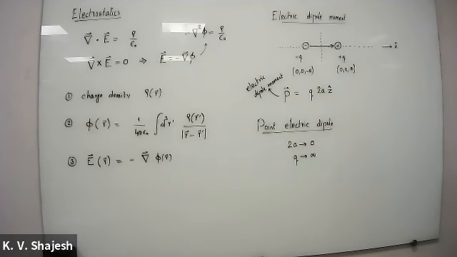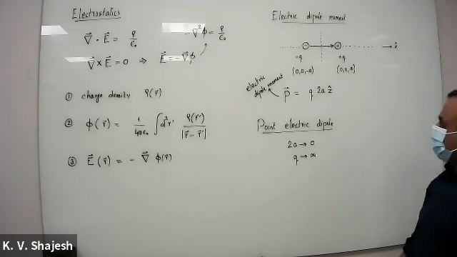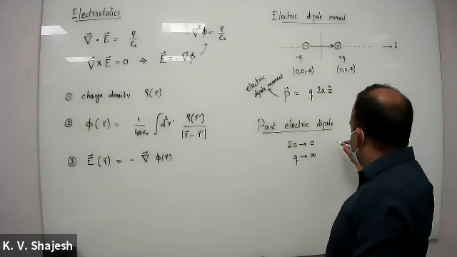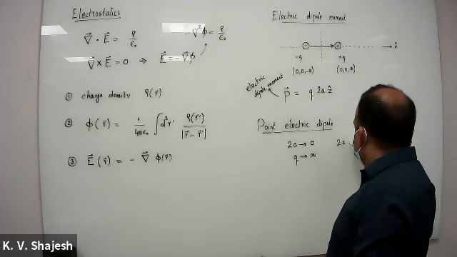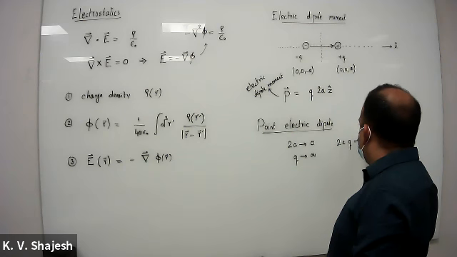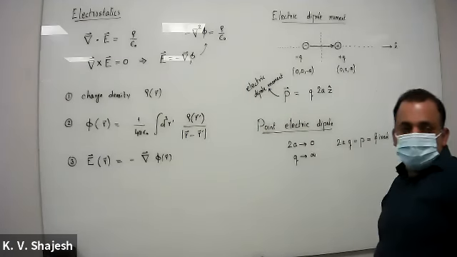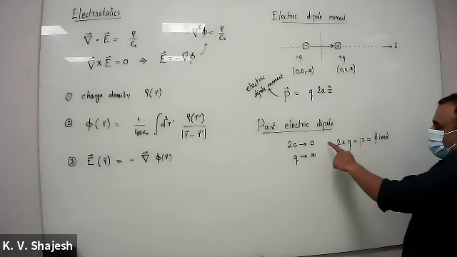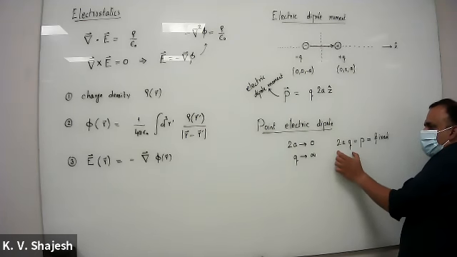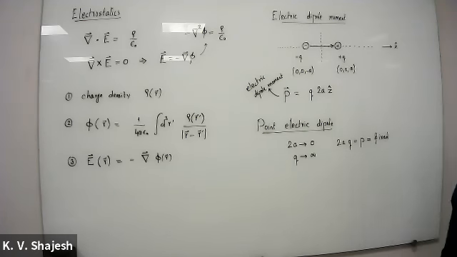That means 1 over 0, but in such a way that 2 times a times Q, which is actually the magnitude of P, remains fixed. This is 0, that's infinity, but this multiplication doesn't go to 0 or infinity, so that stays fixed.